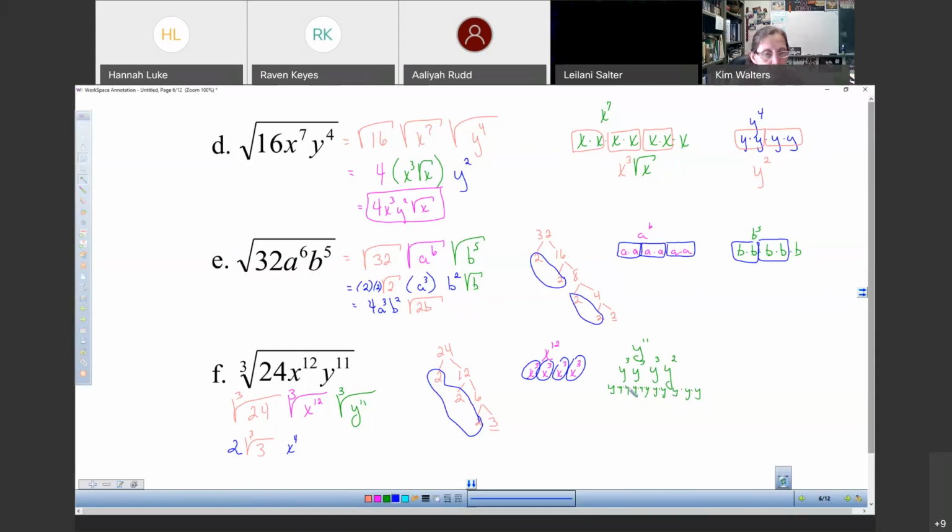And you're going to see what's happening here. For every 3 of these, I'm going to have 1 that's going to come out in front, but I'm left with this underneath. And so this is going to be y to the third, and then I'm left with the cubed root of y squared.